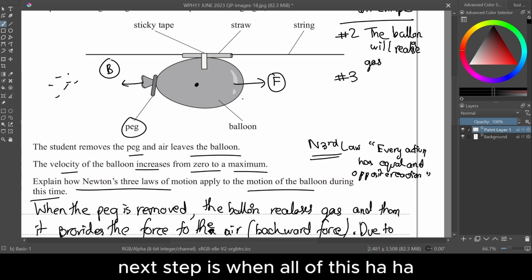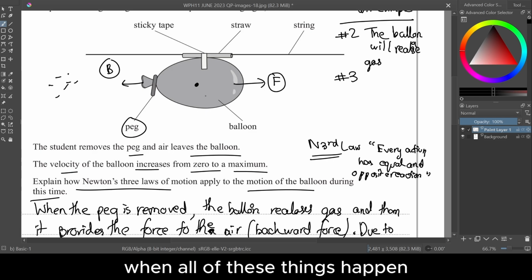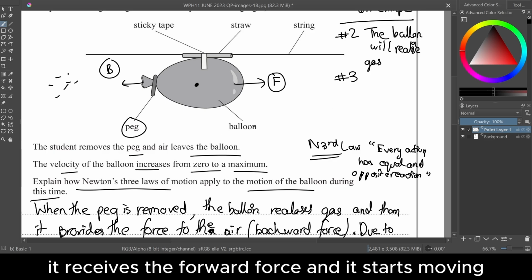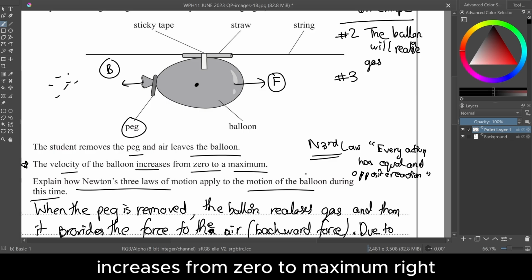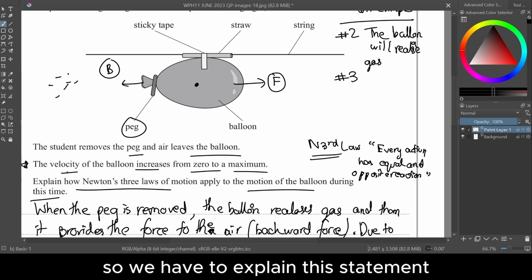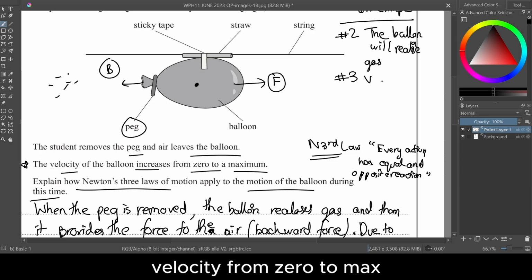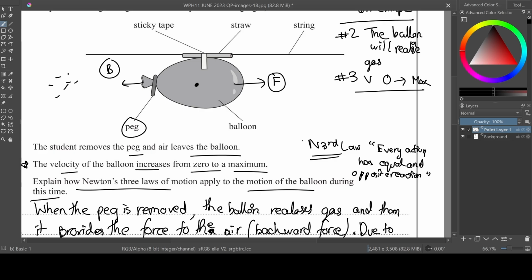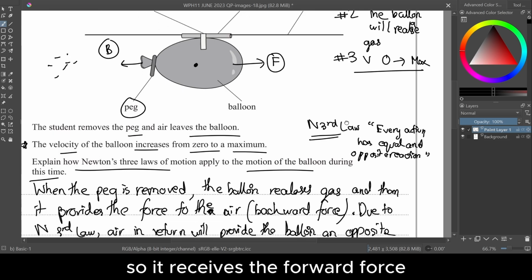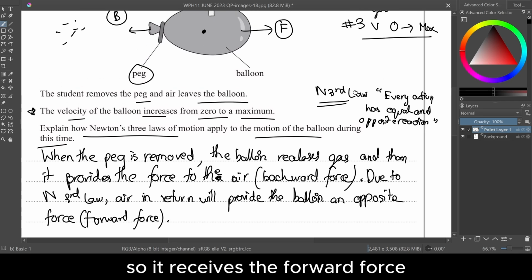The next step is when all of these things happen, it receives the forward force and it starts moving, right? From this point, the velocity of the balloon increases from 0 to maximum. So we have to explain the statement: velocity from 0 to max. What is happening in between? It receives the forward force.